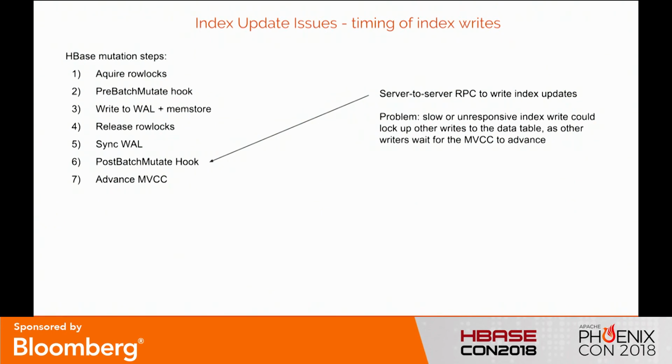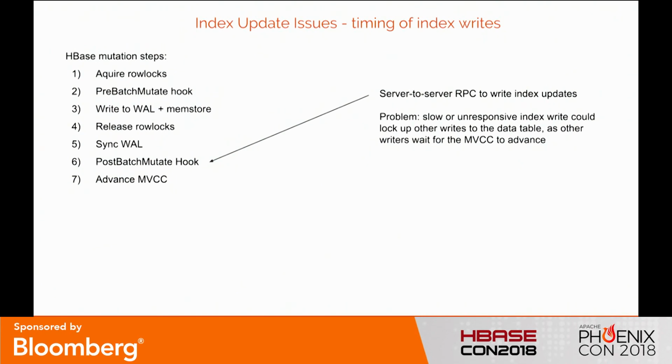Another problem is we were doing the index write in this post-batch mutate hook, right? And if you look at it, it comes before you advance the MVCC. I don't have time to go into how MVCC works; it's HBase's multi-version concurrency control.